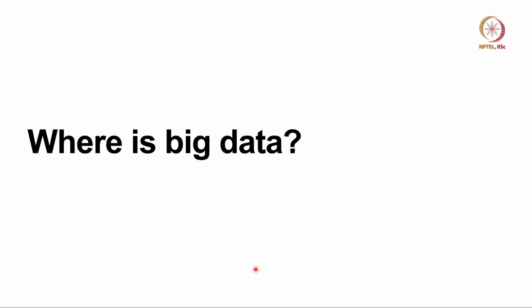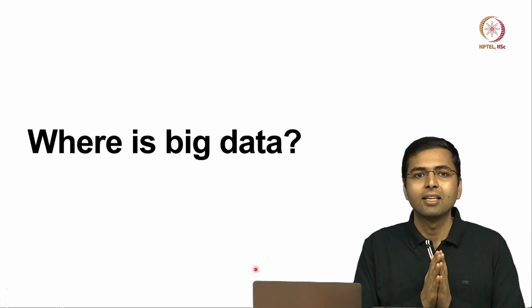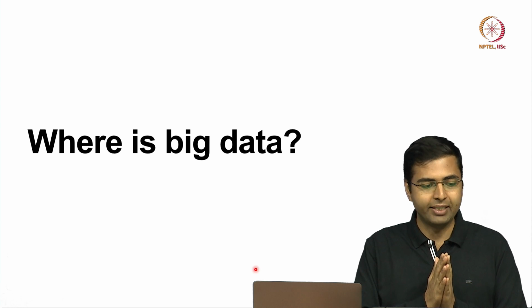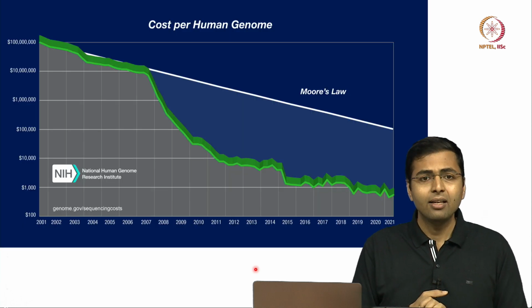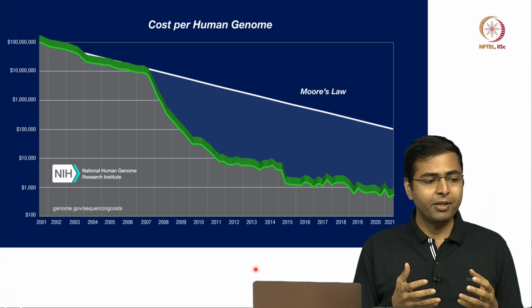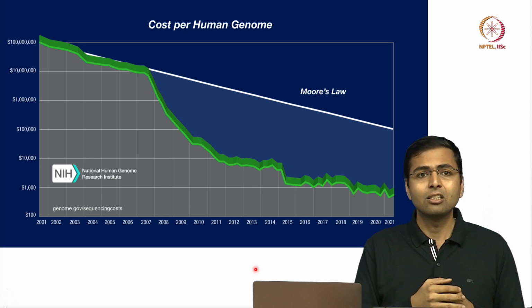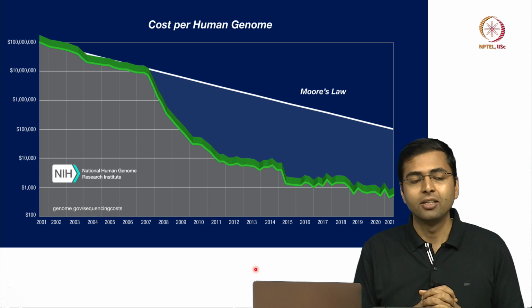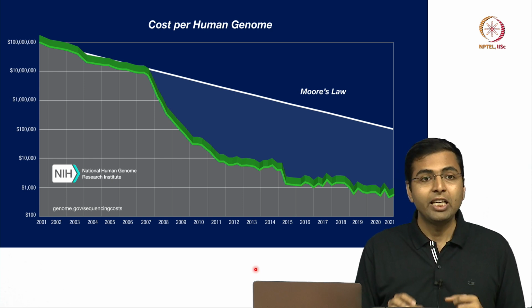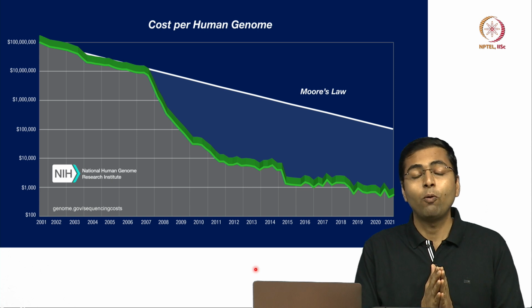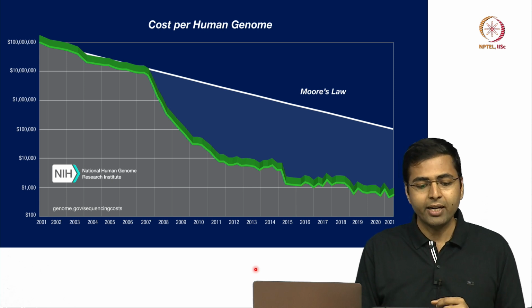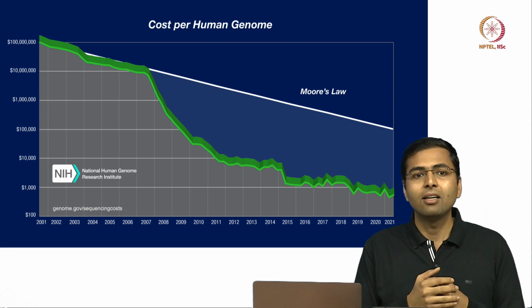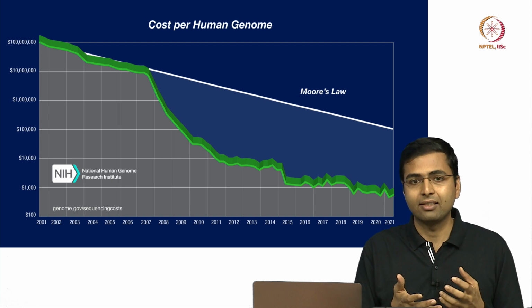So coming to the big data. Where is big data in high throughput sequencing? Well, big data comes into the picture because if we look at the last 20 years, the cost of sequencing has dropped by 6 orders of magnitude. Sequencing the first human genome was very expensive, it cost billions of dollars, but now sequencing a human genome is a routine task.